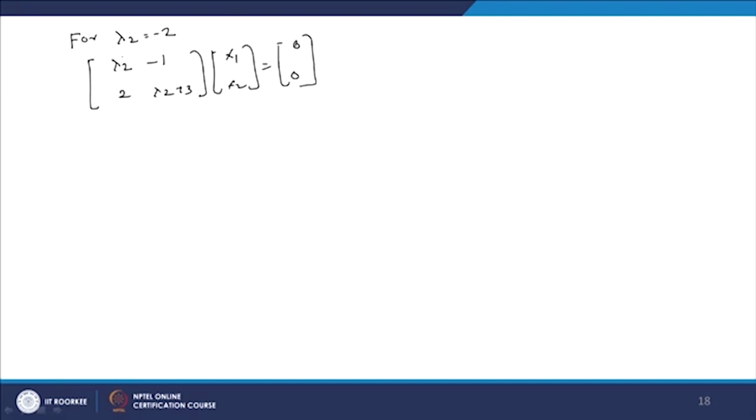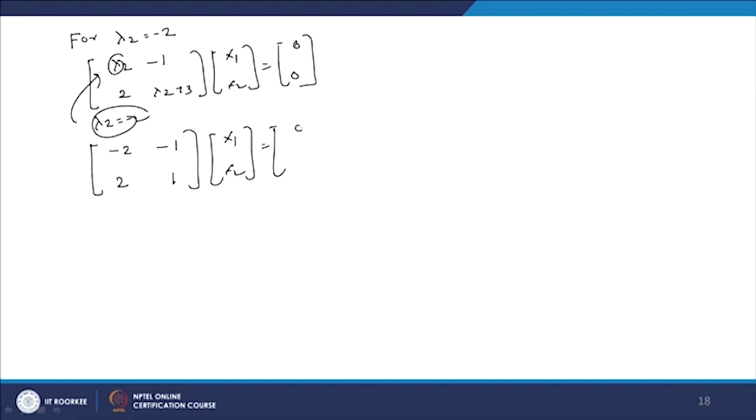Now replace lambda 2 equals minus 2 in this equation. So what do we get? We get minus 2, minus 1, 2, 1, times x1, x2 equal to 0, 0.